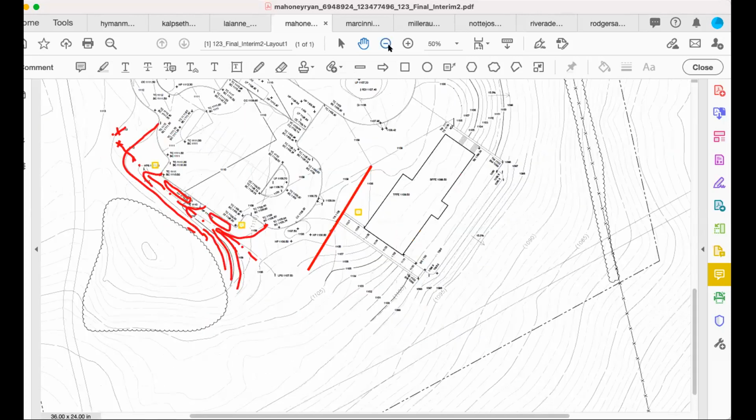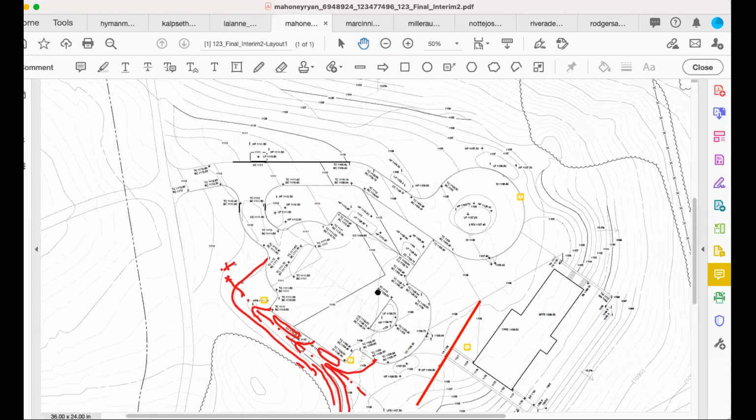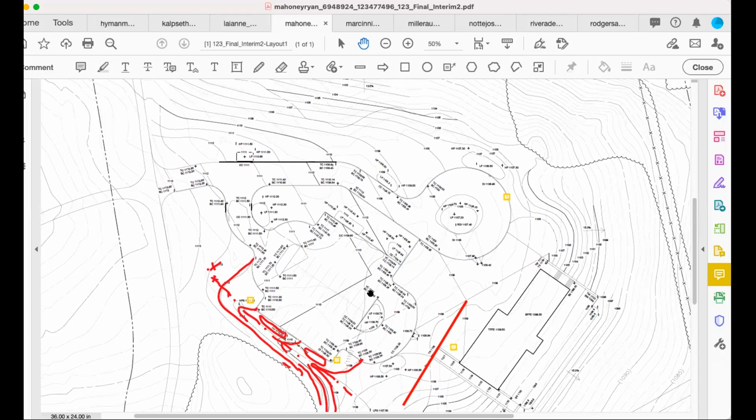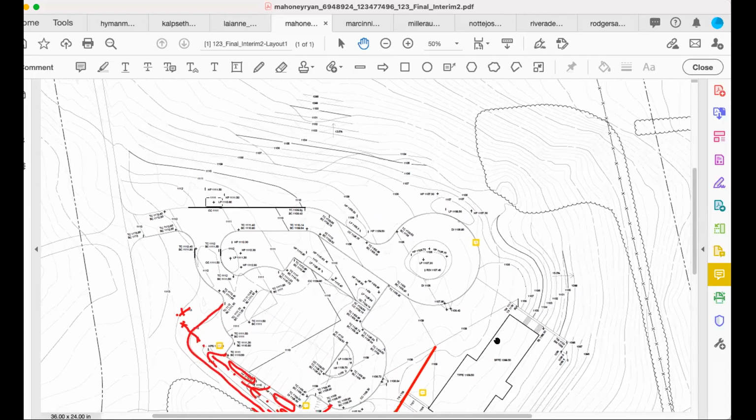I'm gonna zoom out one more time just to take a quick look. I think you don't need to move so many contours in this area. There's definitely some space to tighten up.